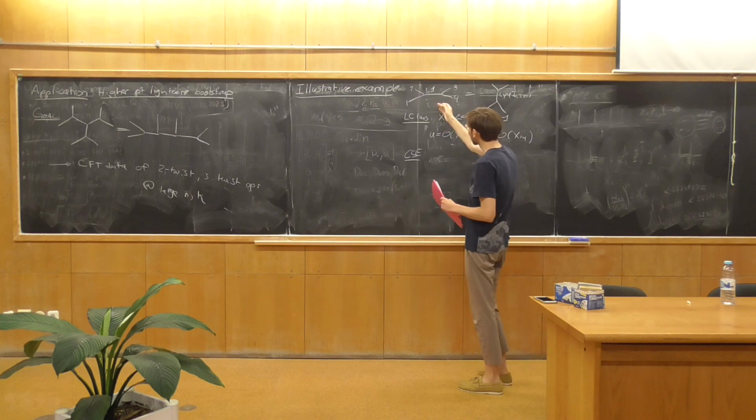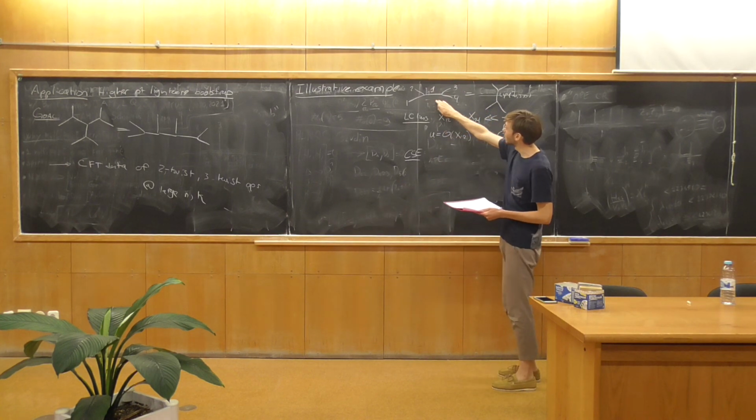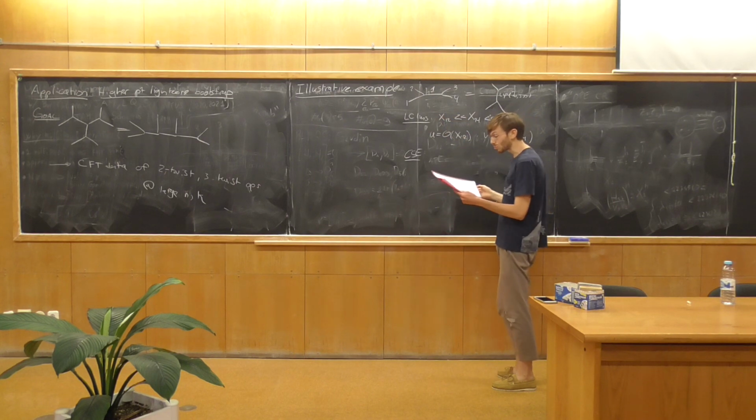So essentially the direct channel is very simple to write at leading order because we know that this limit goes to leading twist, as Lorenzo reviewed, and the lowest twist operator is the identity.